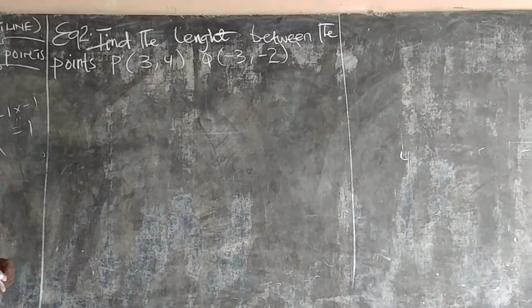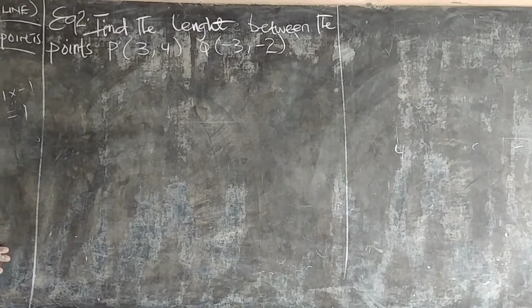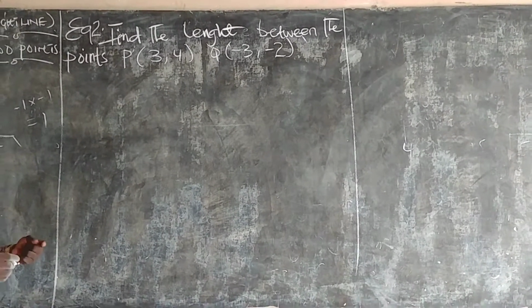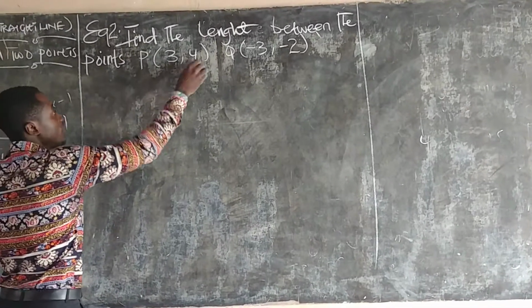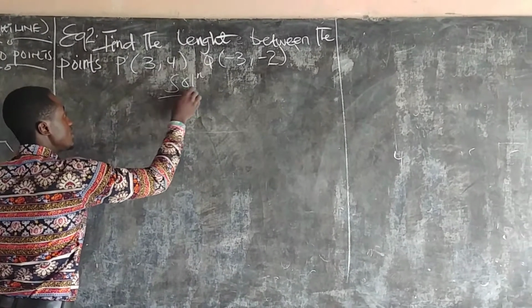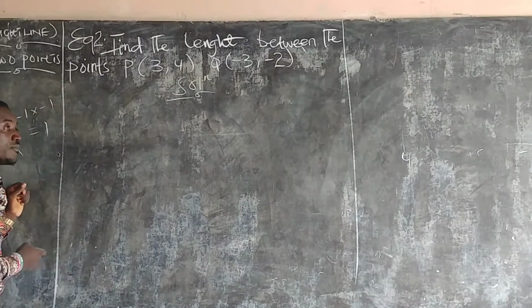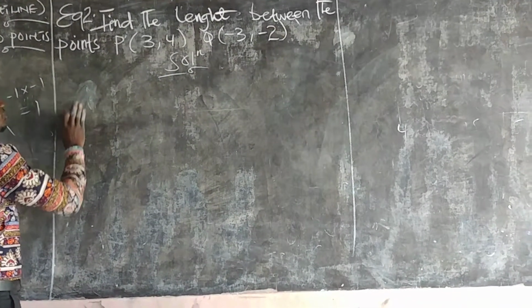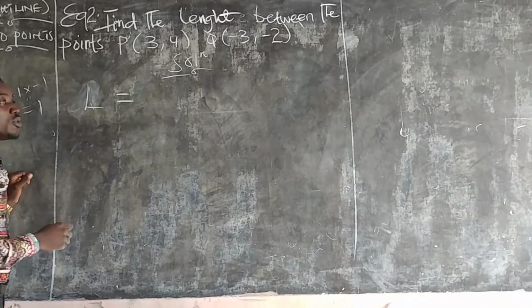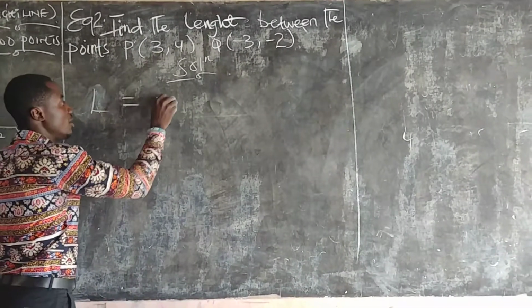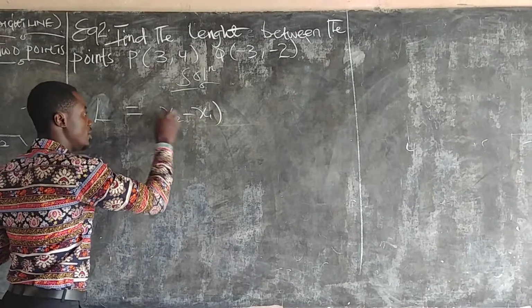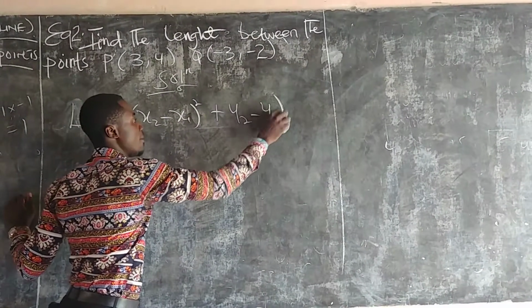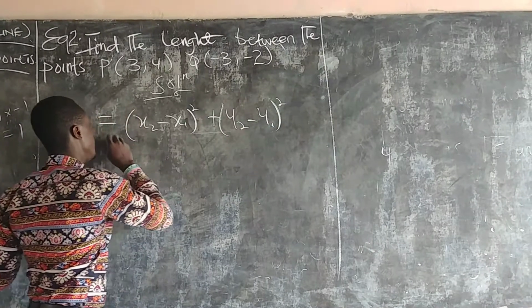So whenever you're being asked to find the length between 2 points, it's the same as finding the distance between those 2 points. And the formula for finding the length between 2 points is: your length L will be equal to the square root of (x2 minus x1) squared plus (y2 minus y1) squared.